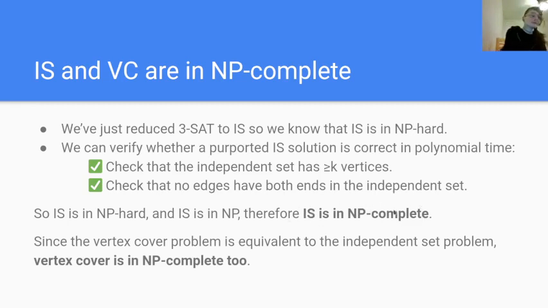You go back to our diagram of what NP-complete means. It's the intersection of NP-hard and NP. So if it's in both NP-hard and in NP, then it's NP-complete, by definition. And since vertex cover is equivalent, it's NP-complete too. We've just proven something about vertex cover transitively, going back to our equivalence proof from before.